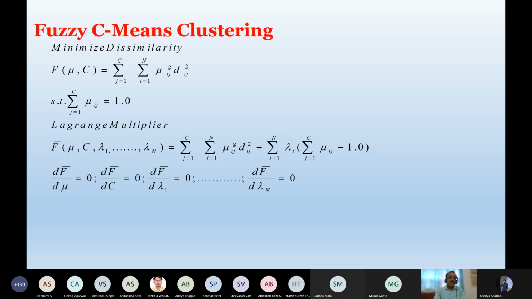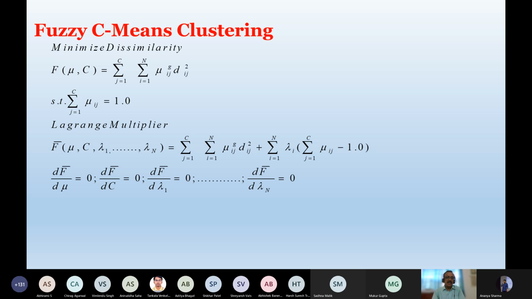Now, combined, the objective function can be written as f bar is a function of mu comma c comma lambda 1, lambda 2 up to lambda n, that is nothing but summation j equals 1 to c, summation i equals 1 to n, mu ij raised to the power g dij square plus summation i equals 1 to n lambda i, then summation j equals 1 to c mu ij minus 1.0.